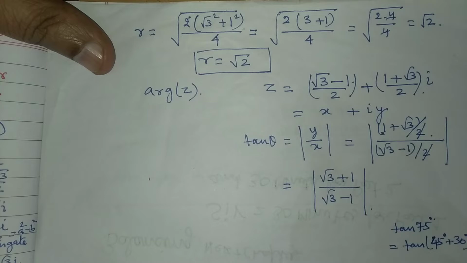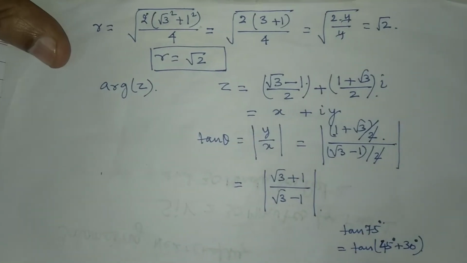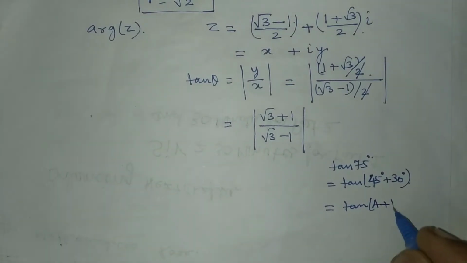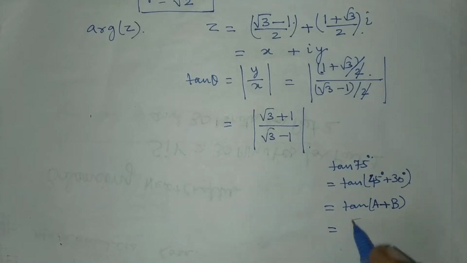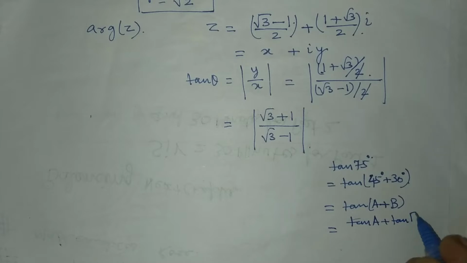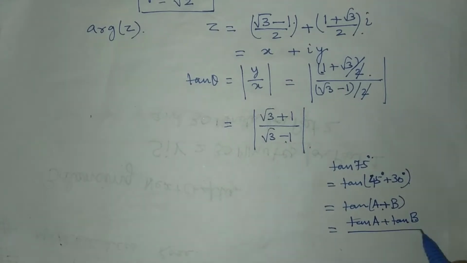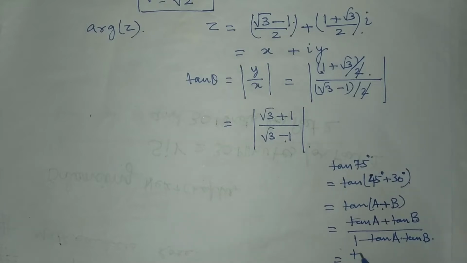So from trigonometry, tan of A plus B, we will use the formula (tan A plus tan B) divided by 1 minus tan A into tan B. Why have I used this? Because here is minus. In place of A, you write tan 45, and in place of B, tan 30 degree.